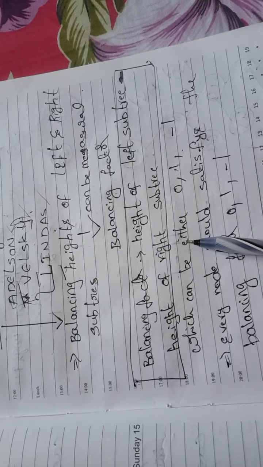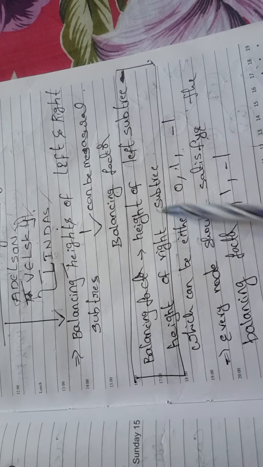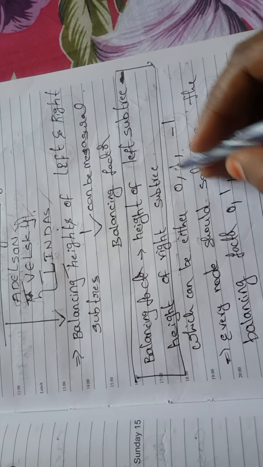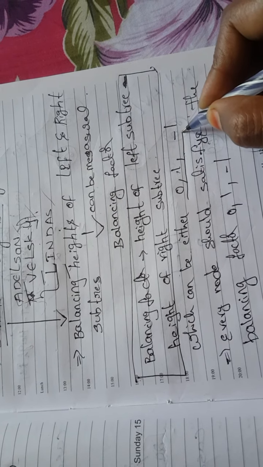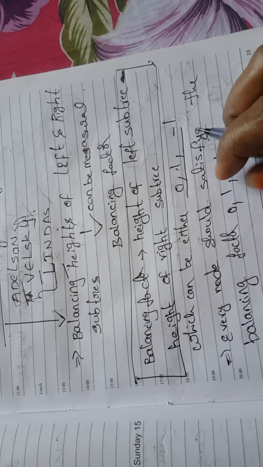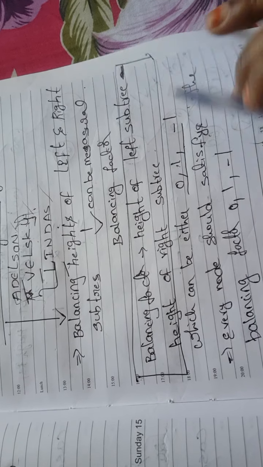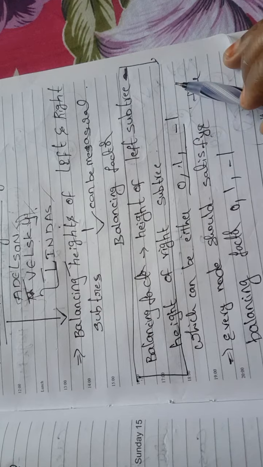When you find the balancing factors, you get results like 0, 1, minus 1.